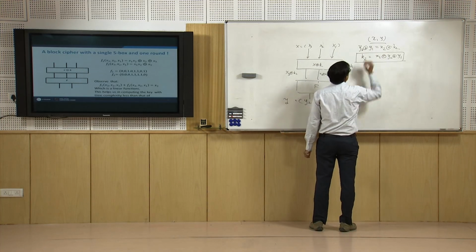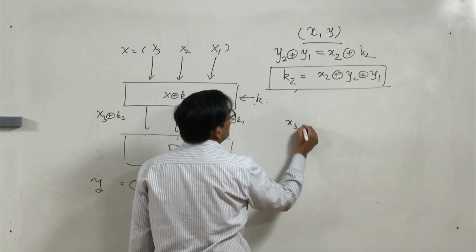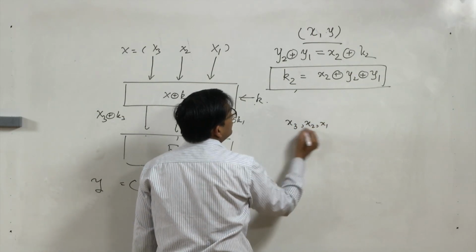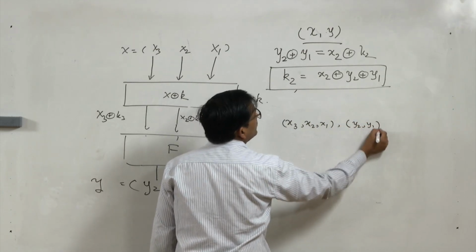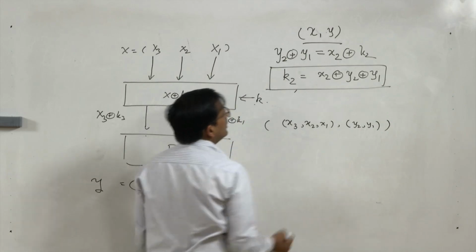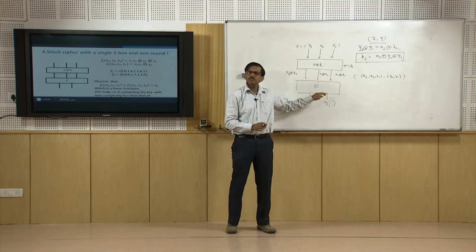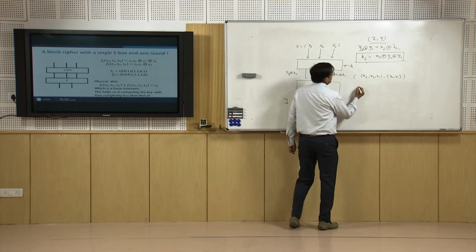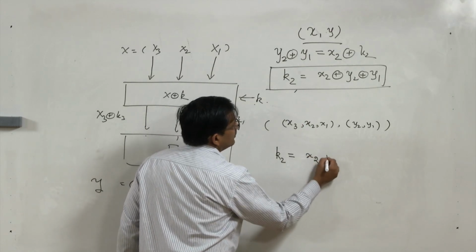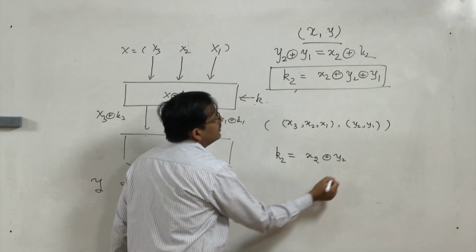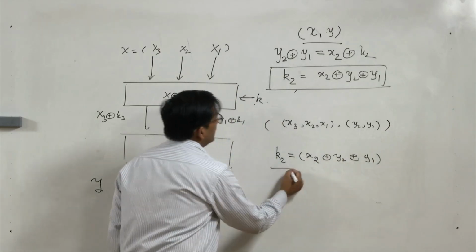So, I know X3, X2, X1 and Y2, Y1. Because of the properties of the function, K2 is equal to X2 plus Y2 plus Y1.